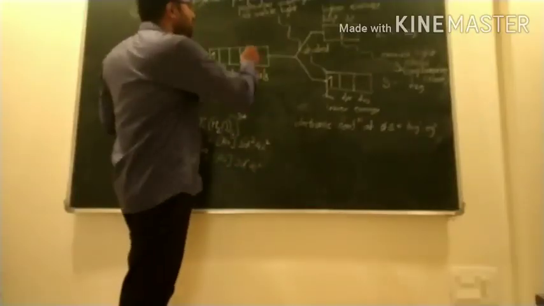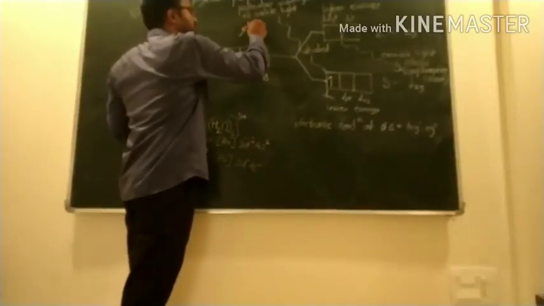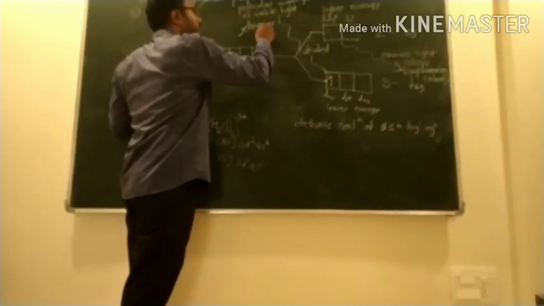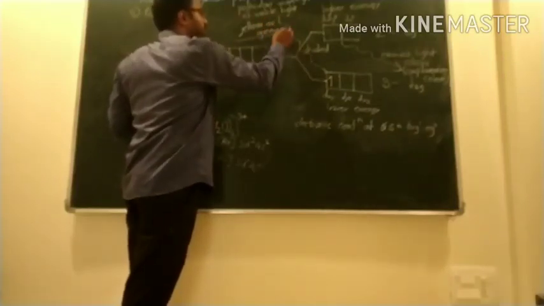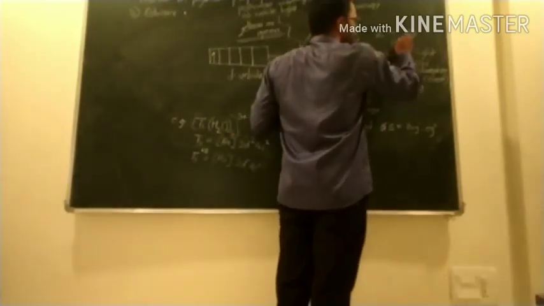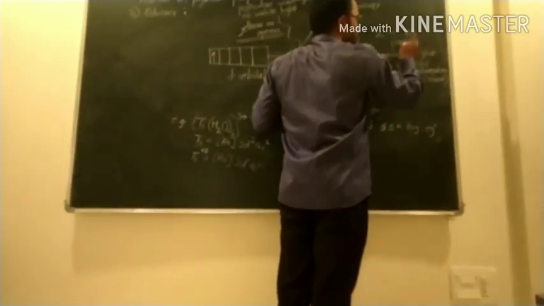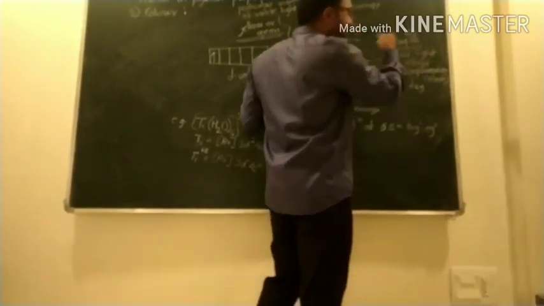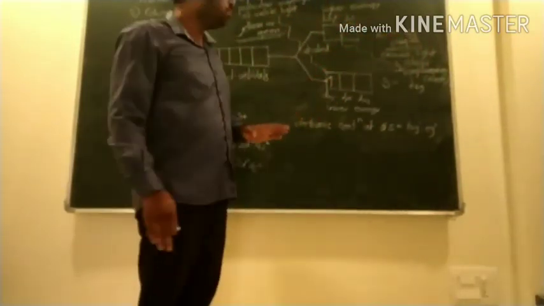Suppose yellow or green light is absorbed and purple light is the emitted light, the complementary color.